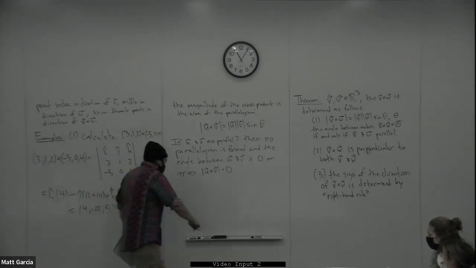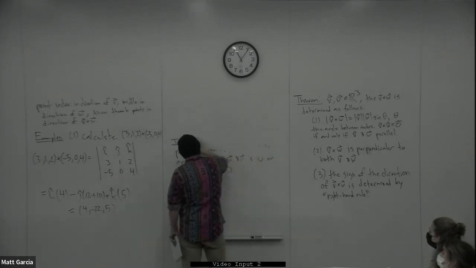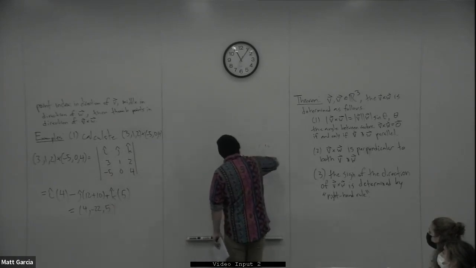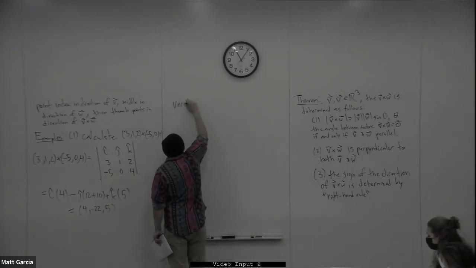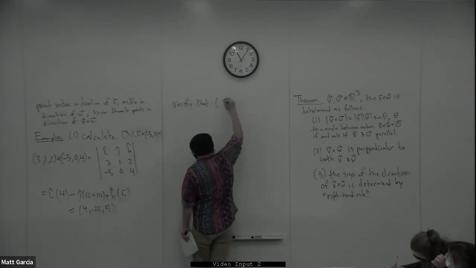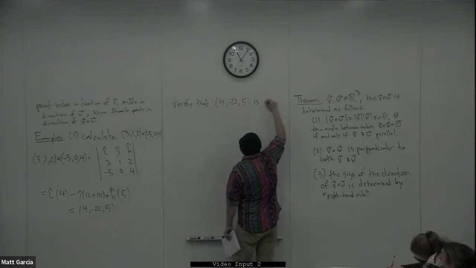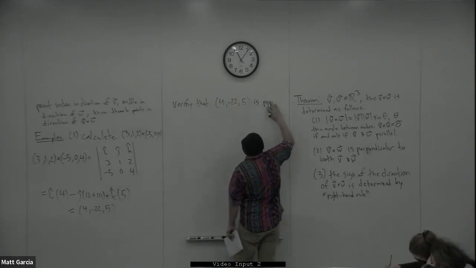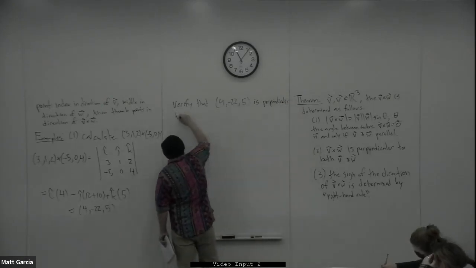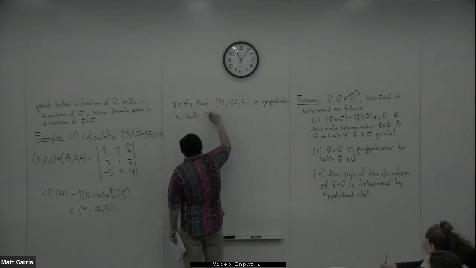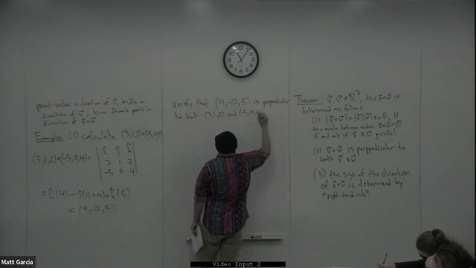Now, what I'll ask you to do here is take a moment after class sometime to verify that this cross product, (4, -22, 5), is perpendicular to both (3, 1, 2) and (-5, 0, 4).